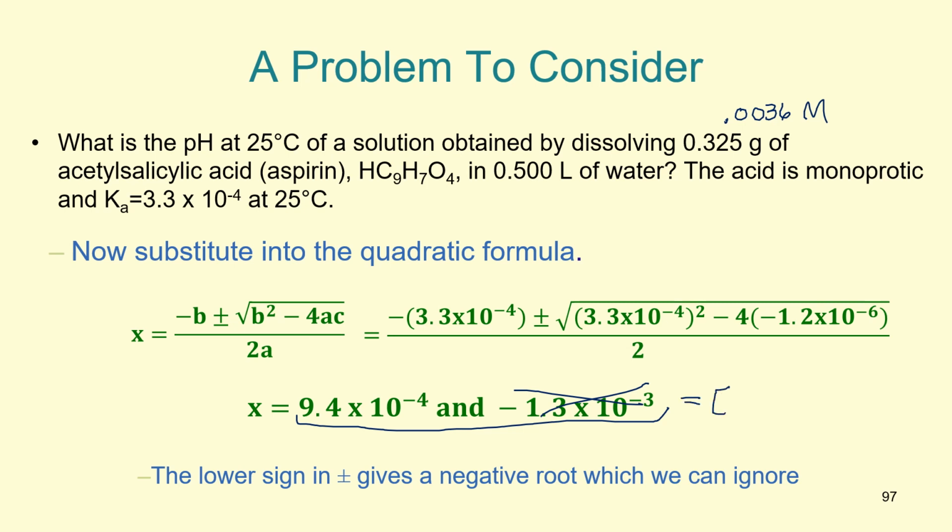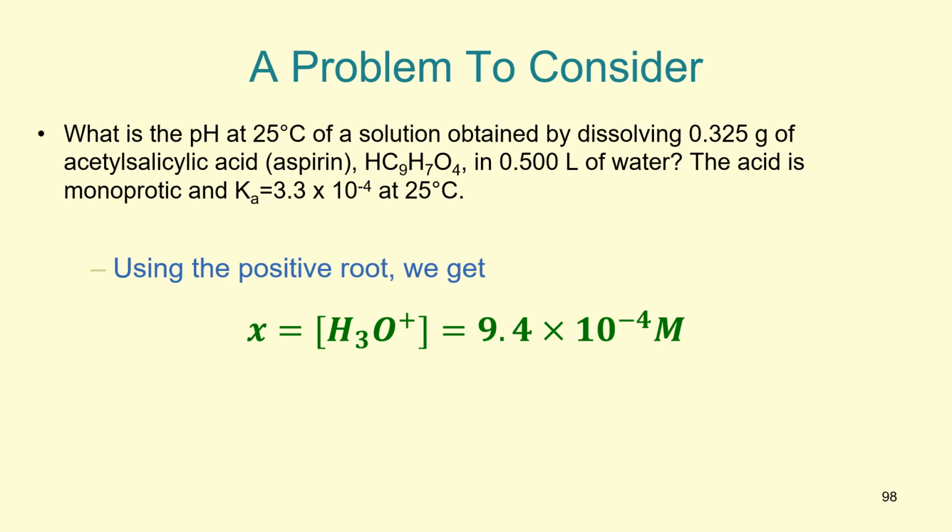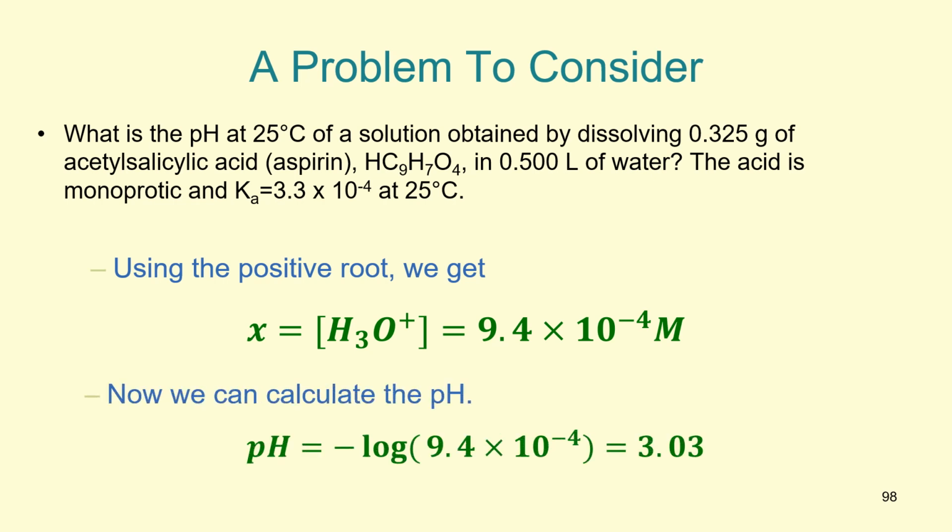Remember that that equals H3O plus, also equals the aspirin conjugate acid, C9H7O4. And since that equals H plus, then we can find the pH. So pH equals 3.03.